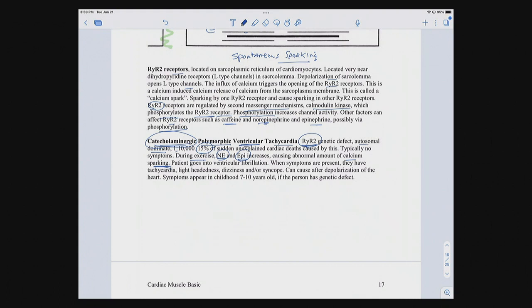But what I'm saying is that with this genetic defect, in response to exercise, which is going to come through epinephrine, norepinephrine, something goes sideways. These things start sparking uncontrollably, and now you're possibly going into ventricular fibrillation.